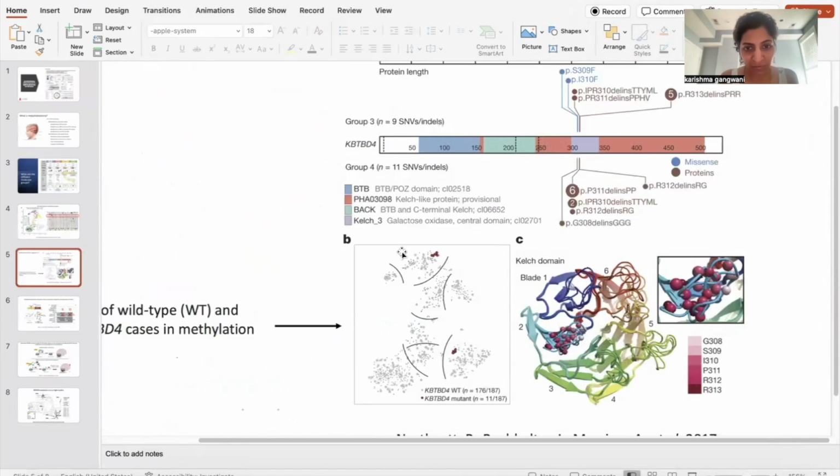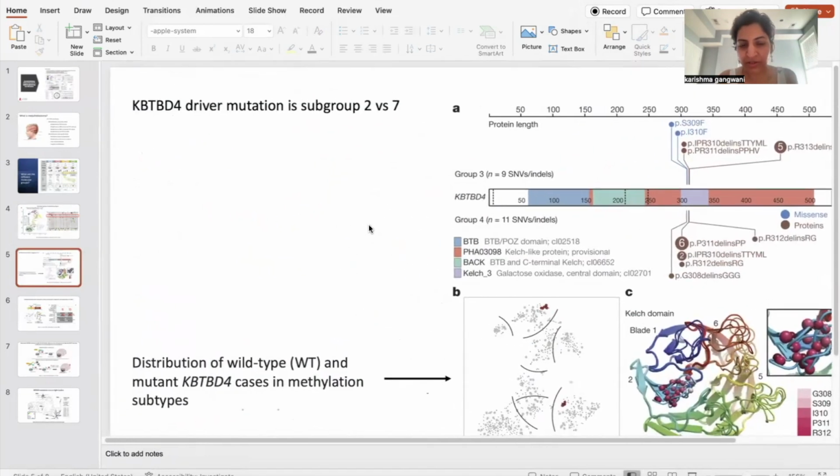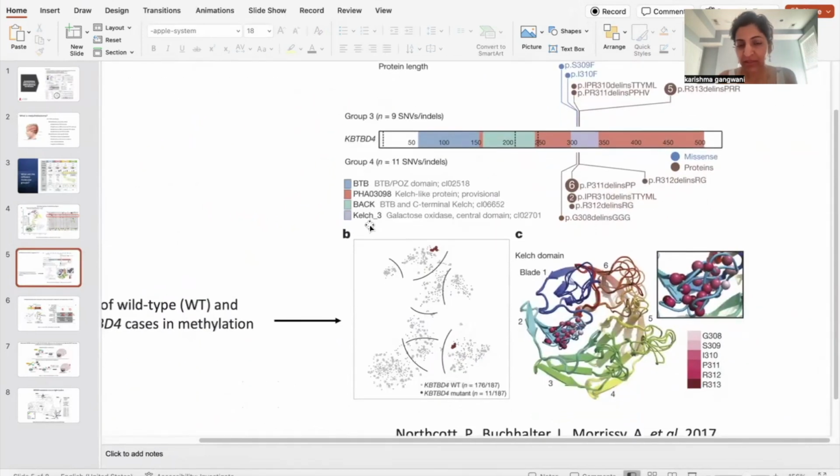What is this KBTBD4? This KBTBD4 is an adapter protein that assists cullin-3 mediated ubiquitin-dependent degradation of small proteins or cofactors. What that means is that it provides a platform for degradation of small cofactors, which could be co-repressors that are responsible for repressing certain parts of the chromatin.